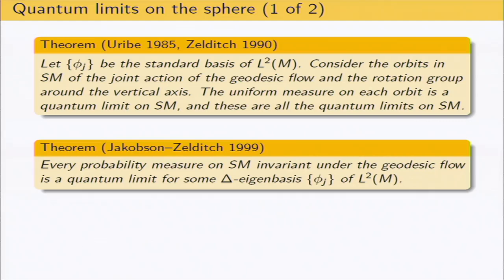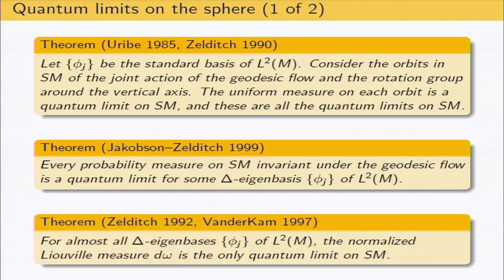So at this point, you want to change the basis, and there is this interesting theorem by Jakobson and Zelditch in 1999 that every probability measure invariant under the geodesic flow is a quantum limit if you choose your basis appropriately. But what is the typical situation? What happens for a random basis?